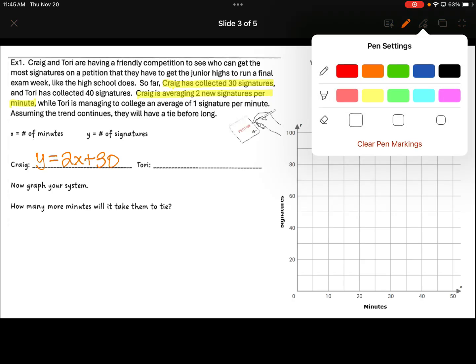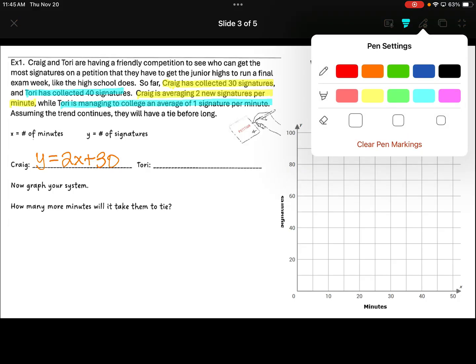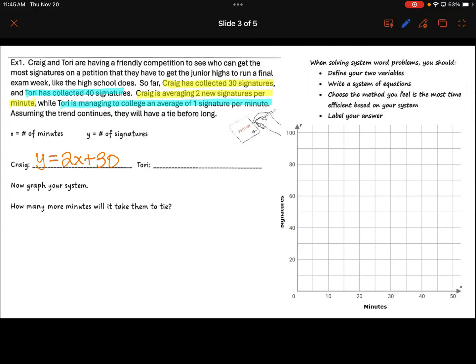Then let's write down Tori. Tori has 40 signatures, but Tori is only getting 1 per minute. So Tori is y equals x plus 40.